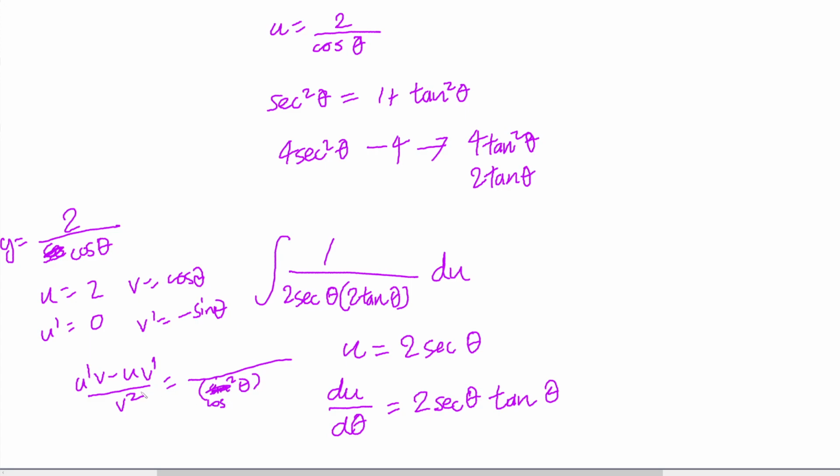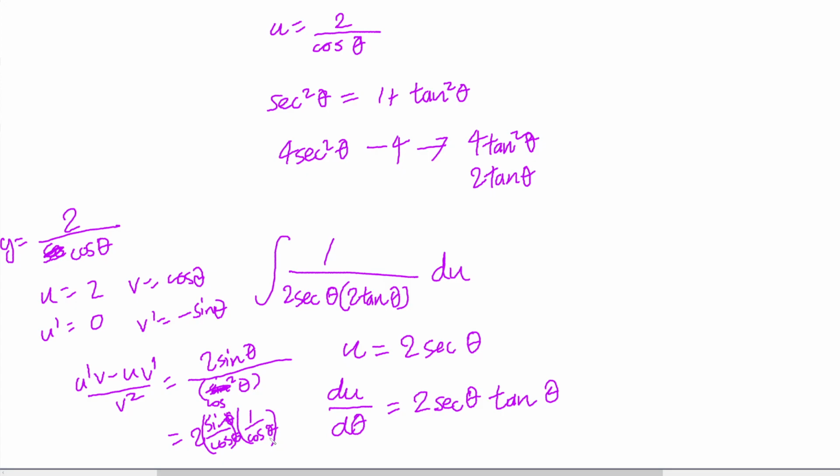Then u prime v is 0 times cos theta, minus u v prime, so minus 2 times minus sine theta becomes positive 2 sine theta. So it's 2 sine theta over cos squared theta, or 2 sine over cos, times 1 over cos, if you break it into these two factors.